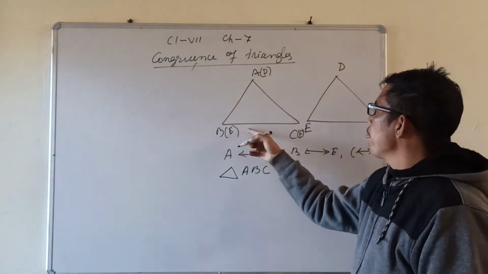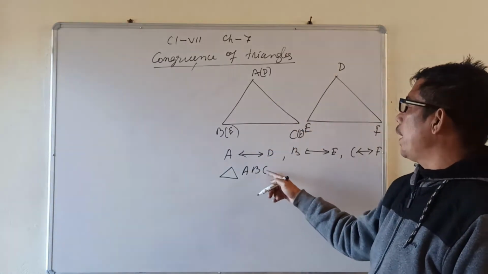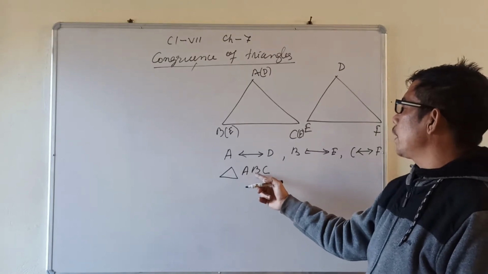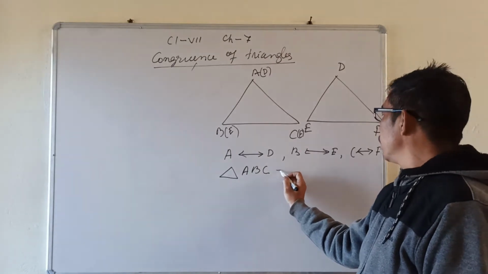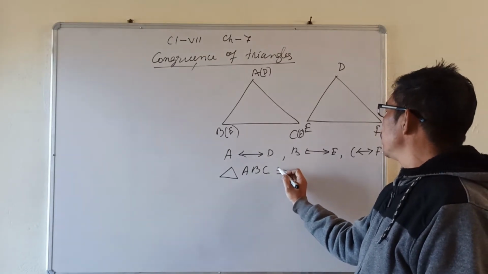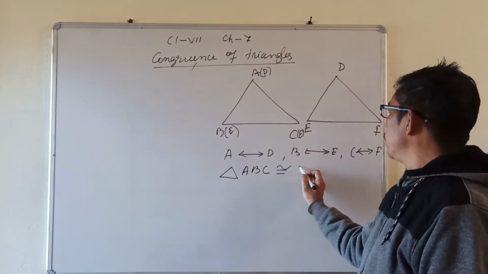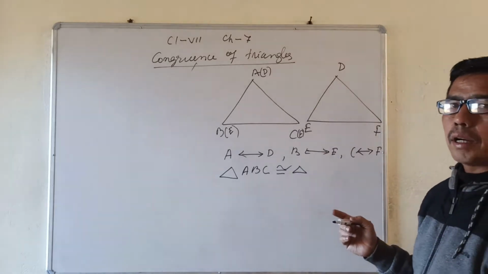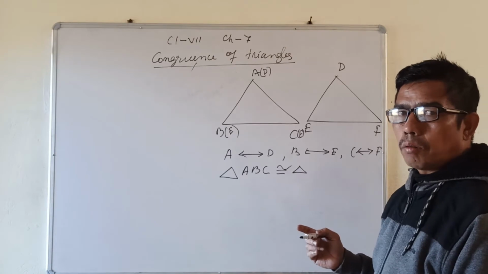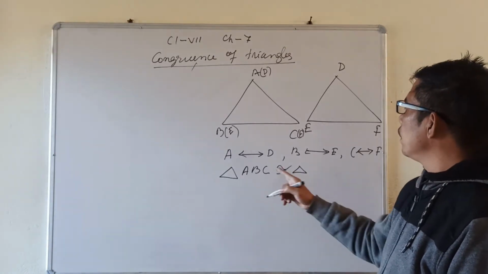The first triangle you can write in any order. Can be A first, can be B first, can be C first, in any order. But this is the symbol for congruence. But for the triangle DEF, you cannot write in any order as you like. That will be wrong.